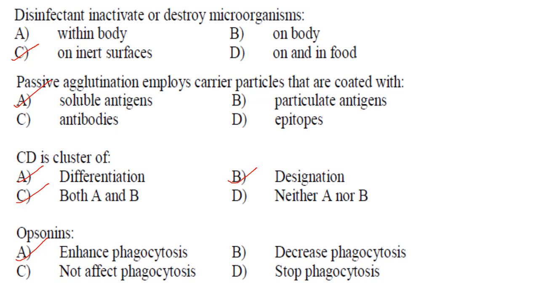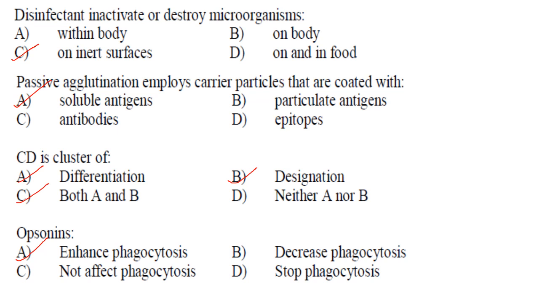And these carrier particles include erythrocytes or latex spheres. And when specific antibodies are added to the antigens, there will be an agglutination reaction taking place. So the answer here is option A, that is soluble antigen.